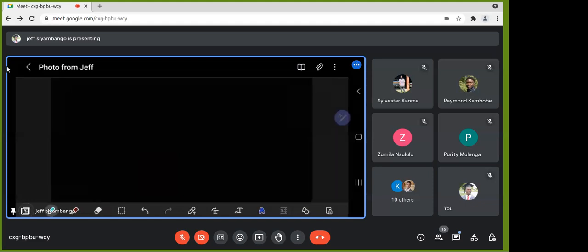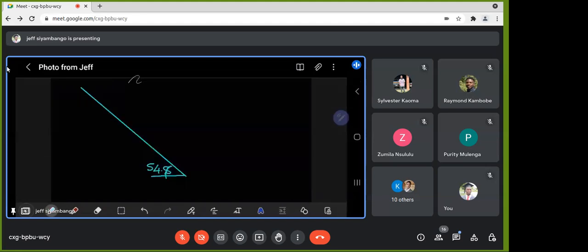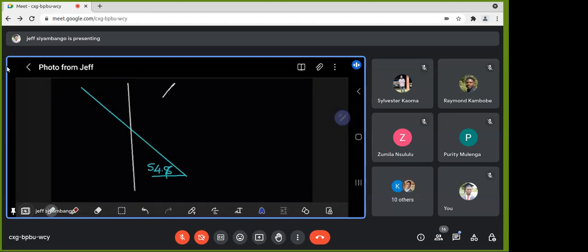We had this as the section CD, and the angle given was this one, 54.8. So we pointed out that if we were to draw a vertical line here, and the force PD is acting along this line.